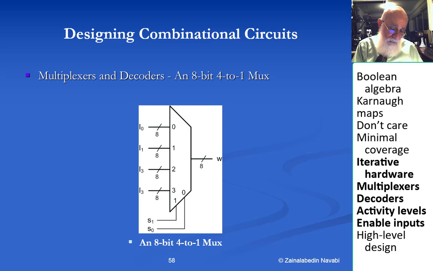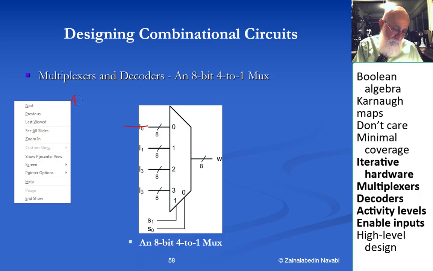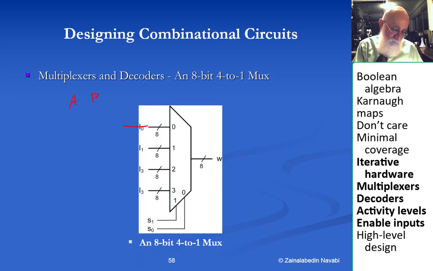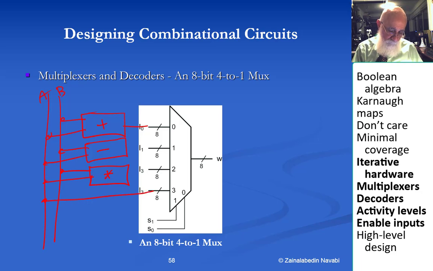Maybe here I have A, B. Okay, this circuit, if S1, S0 is 0, 0, the output becomes the add of AB.